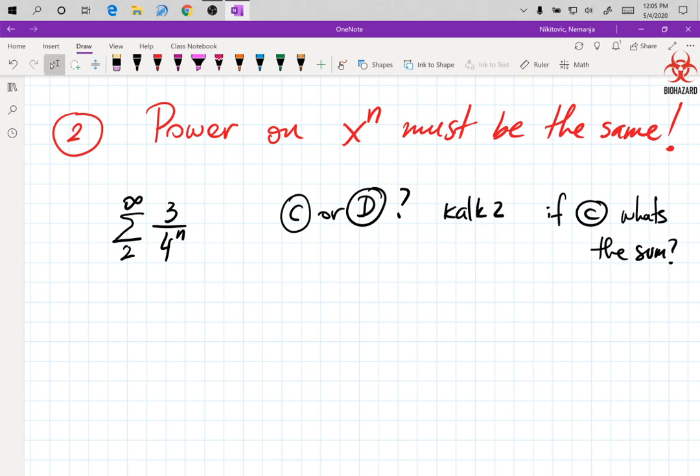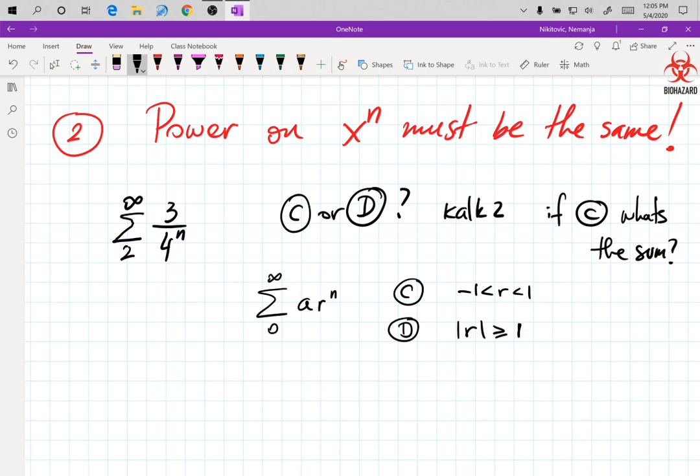Because your power series for geometric series has to start at 0, go to infinity, a r to the n. It converges if r is between -1 and 1. And it diverges if r is bigger or equal than 1 or smaller or equal than -1.